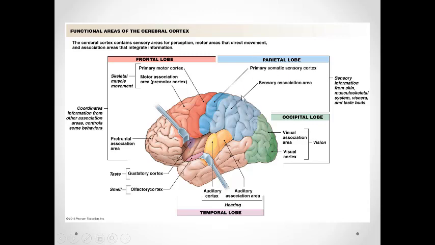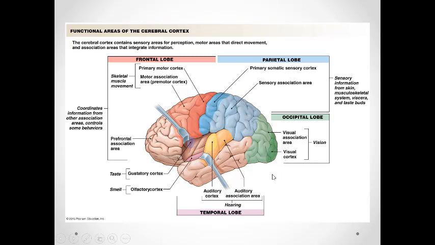And it's really cool because the sensory cortex lies right next to the motor cortex, which one would anticipate, right? Because it's the shortest pathway between sensing something and creating a response. So the hierarchical organization of the brain is very efficient in that way.